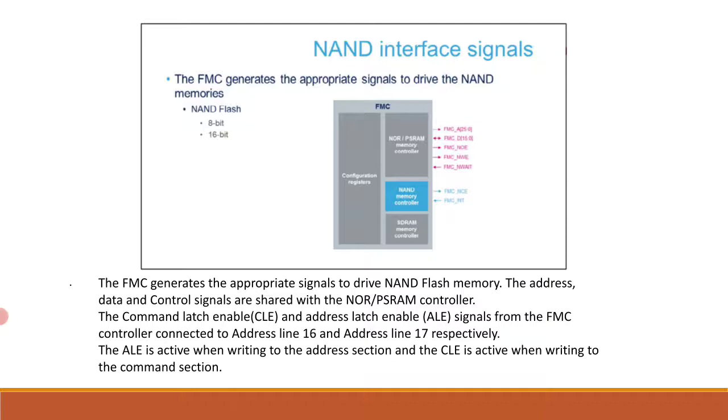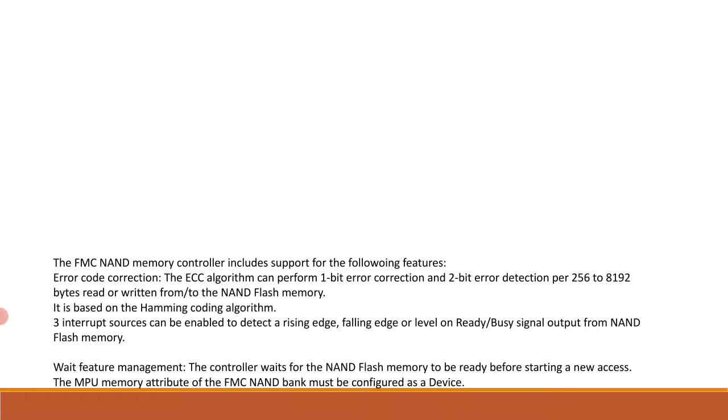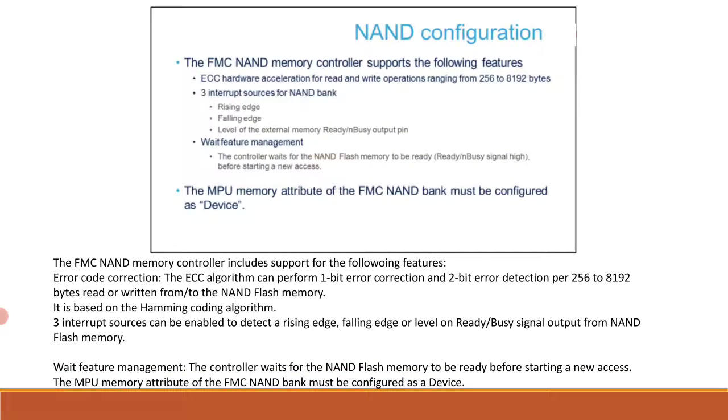The FMC NAND memory controller includes support for the following features. ECC, error correction code: this algorithm can perform 1-bit error correction and 2-bit error detection per 256 to 8192 bytes read or write from or to the NAND flash memory. It is based on the Hamming code algorithm.